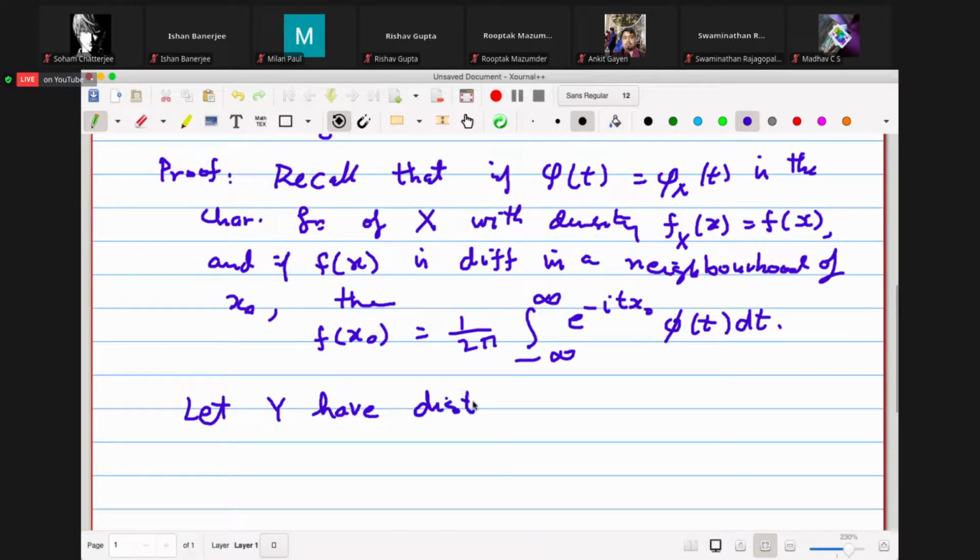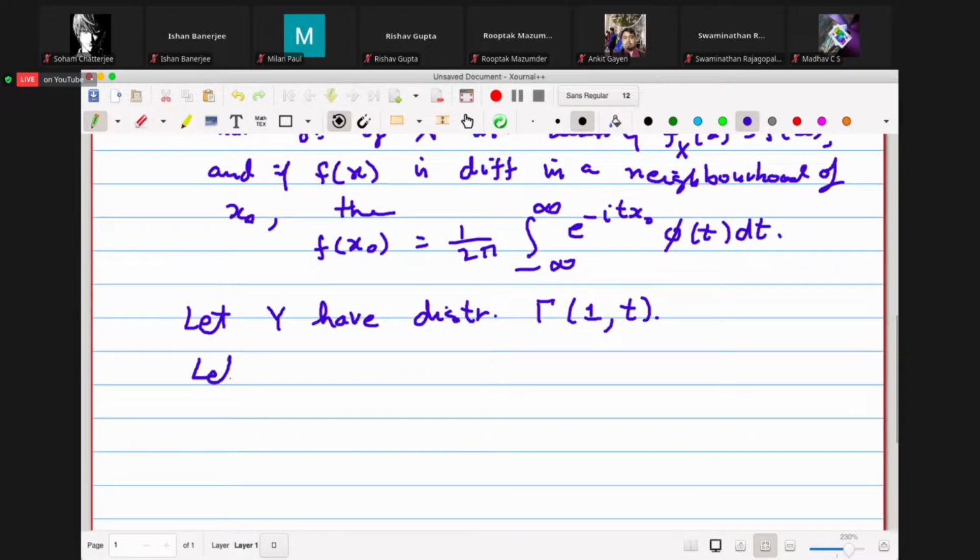Let Y have distribution gamma. Unfortunately, the parameter value is also going to be t. So there are two parameters for the gamma. The first one was called lambda, and the second one was called s, but in the place of s, we use t. Okay.